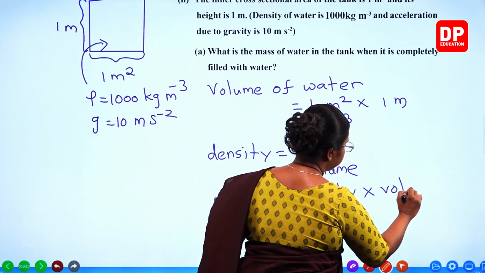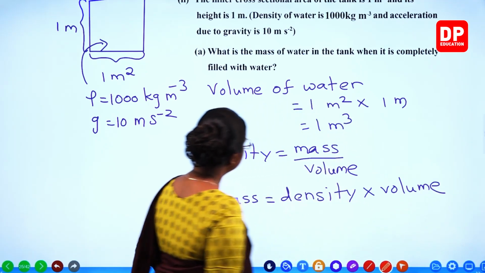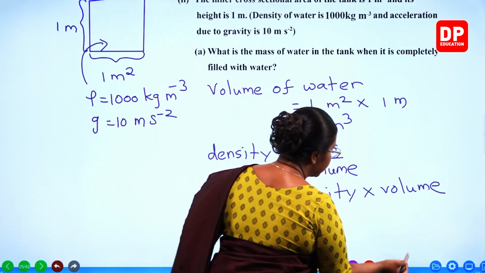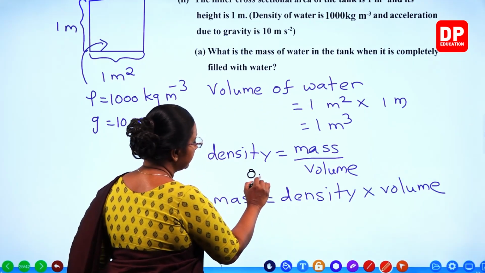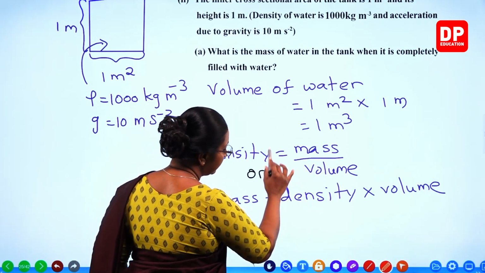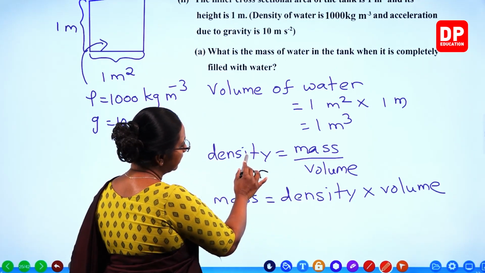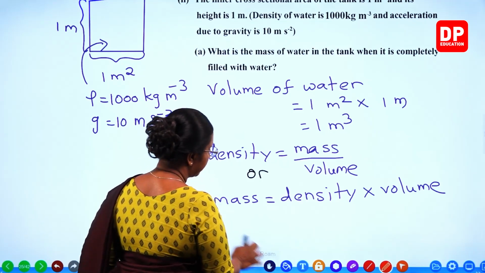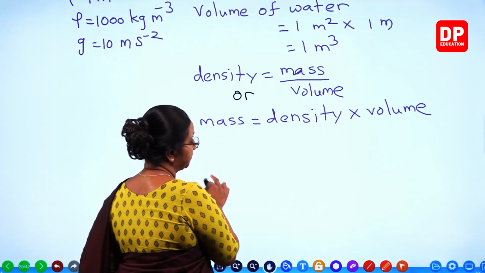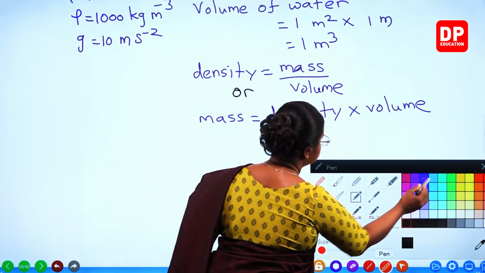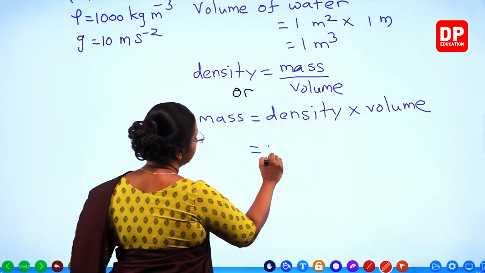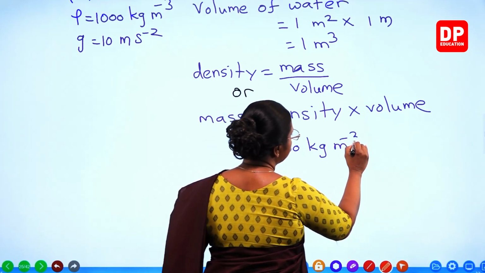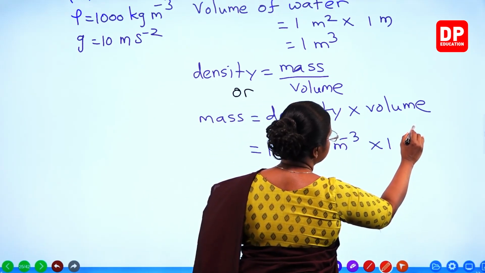Now, here also students, you don't have to write both the equations. You can just write one of the two equations. You don't have to write this and then rearrange. Directly you can have this and substitute, or you can have the second one and substitute. Either way is fine. Then, that is equal to 1000 kilogram per meter cube into 1 meter cube.